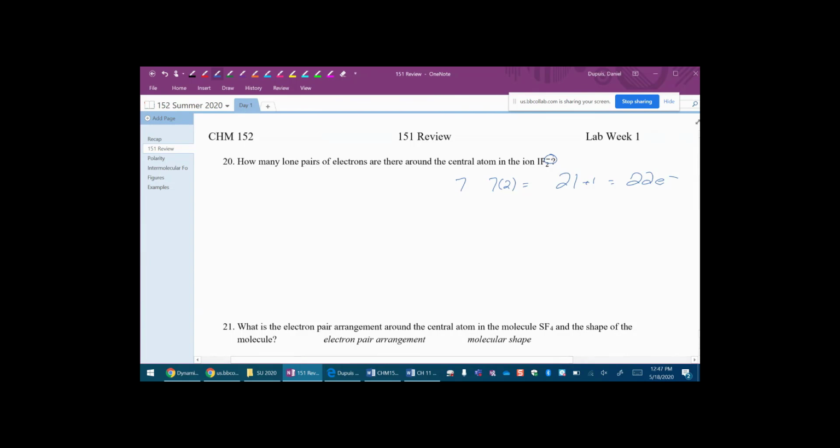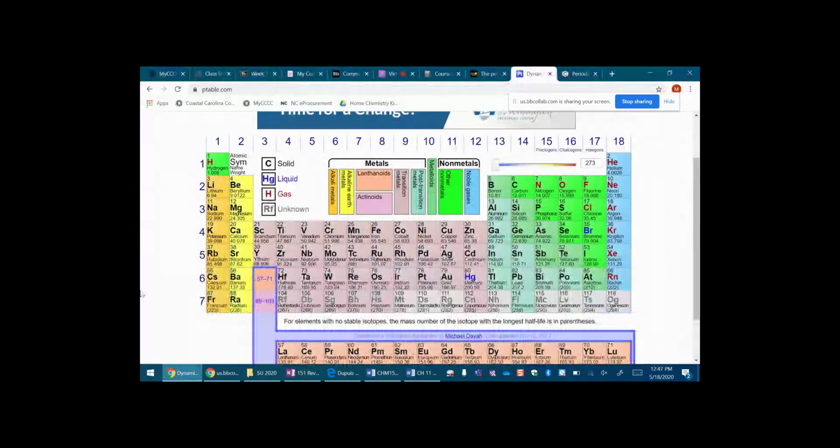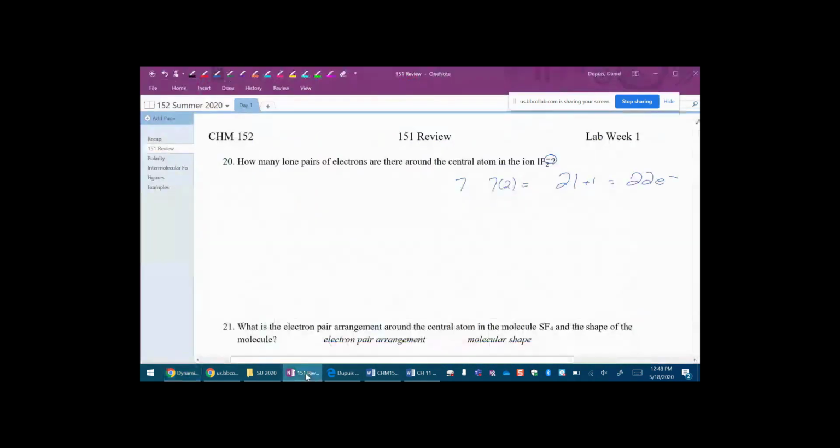All right. So if you remember the table here, group 1 has 1 valence electron. 2 is 2. Skip the transitions because they vary, but it's usually 2 or 1. 3, 4, 5, 6, 7, 8 valence electrons. Of course, helium only has 2 valence electrons. All right. Iodine is in the center because fluorine cannot be in the center.